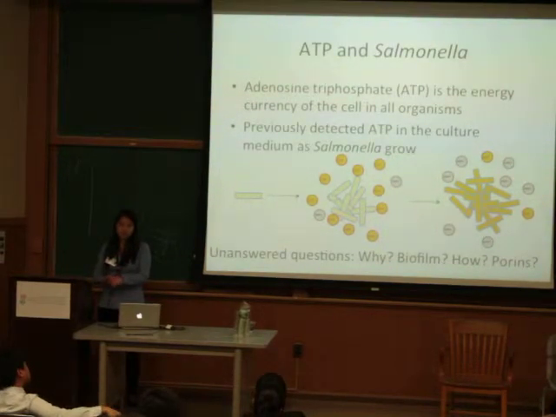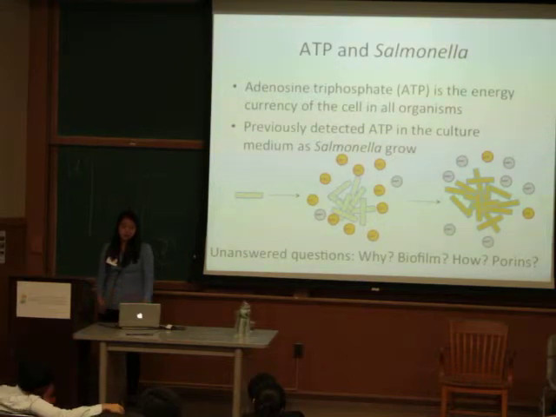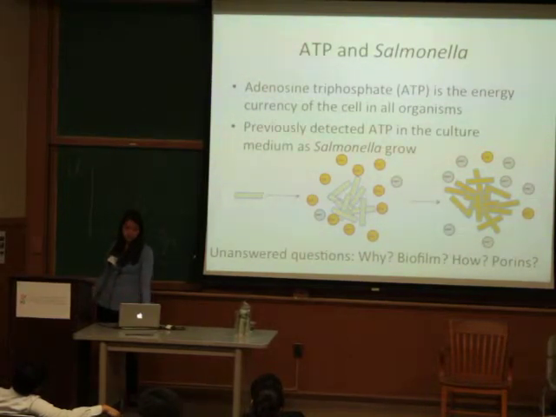We don't know if it's through certain proteins in the membrane, but we do know that deleting certain genes that encode for porins has shown a decrease in ATP release. So this leads us to suspect that maybe a porin may be in control of releasing ATP. So my project focuses mostly on porins and their potential role in ATP release.